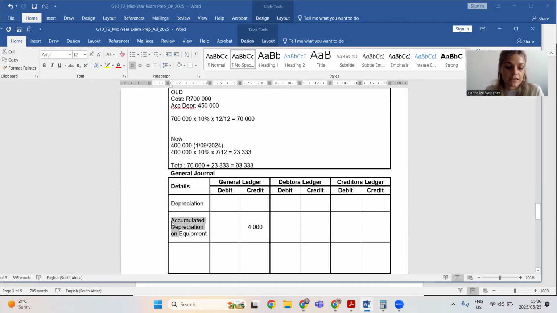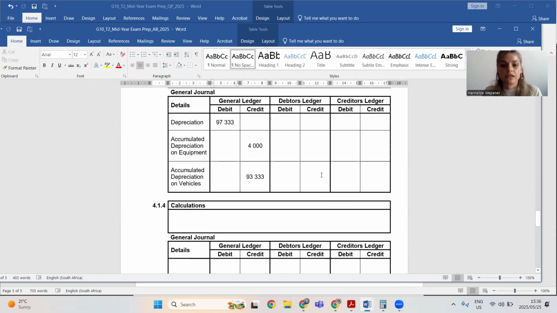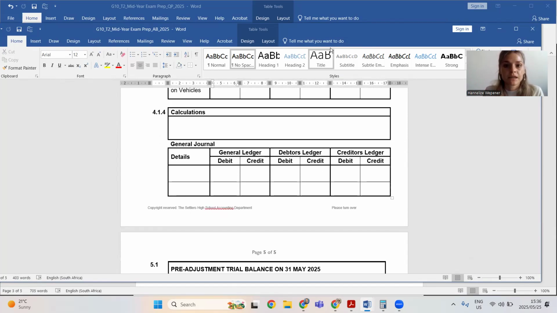And then you also had accumulated depreciation on vehicles, and that was 93,330. So in total, your depreciation account is increasing by 97,330 Rand. No debtors here, no creditors, so we're not going to do anything in those columns there.